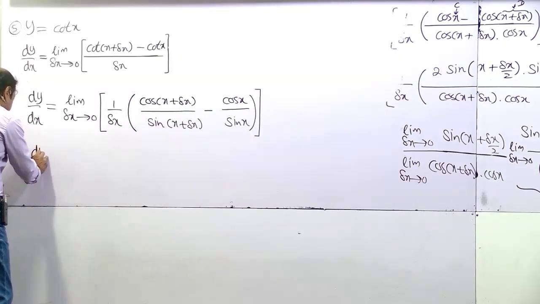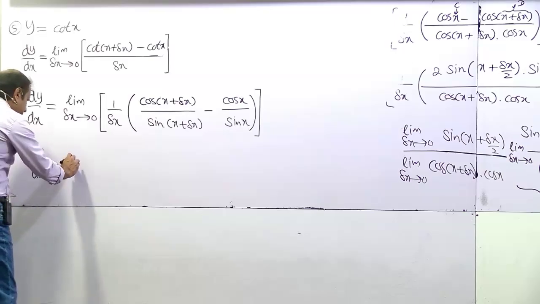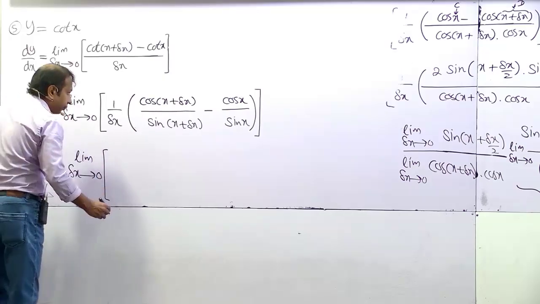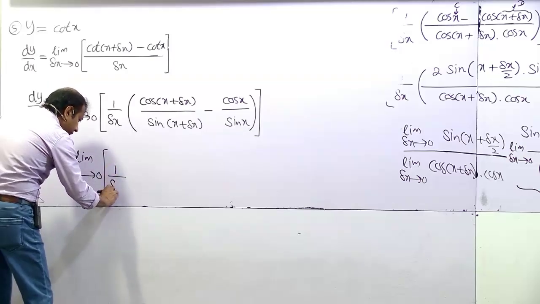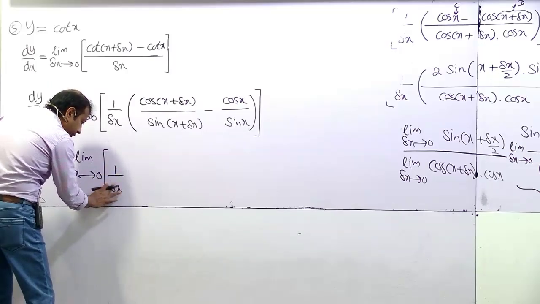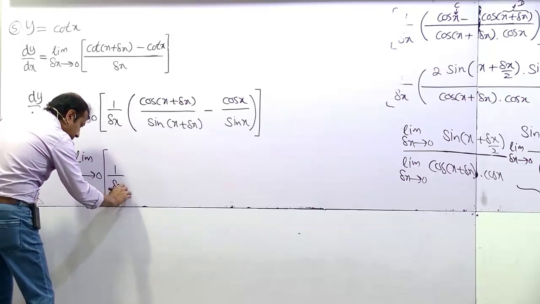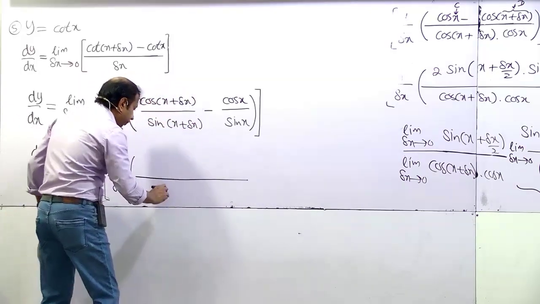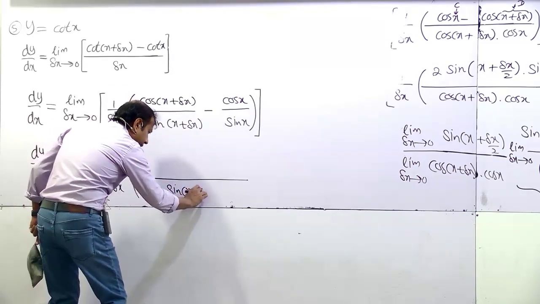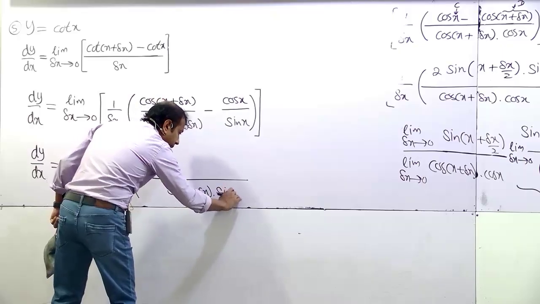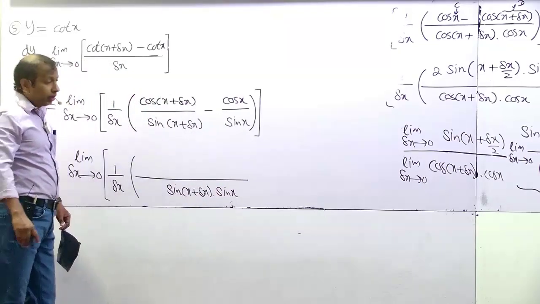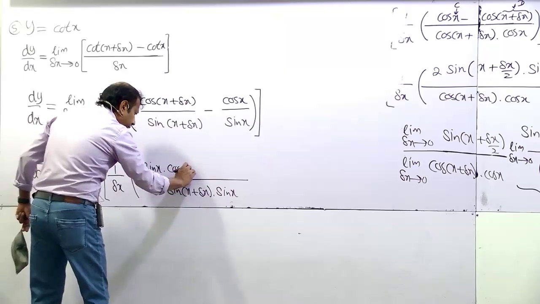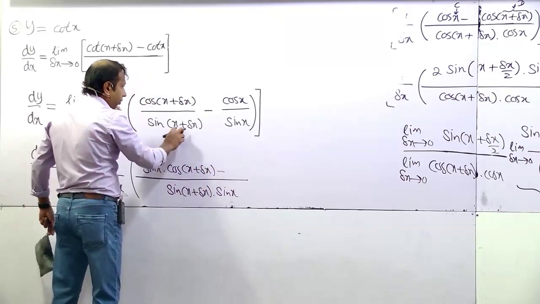dy over dx, like this. Then this sin x come in here, this come in here.